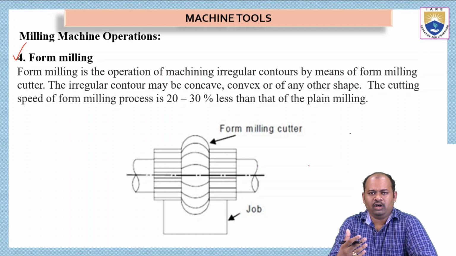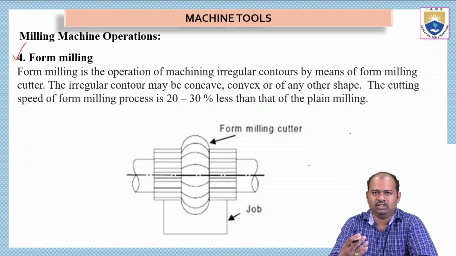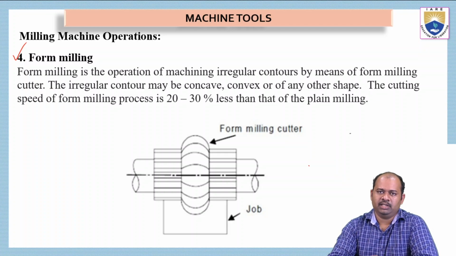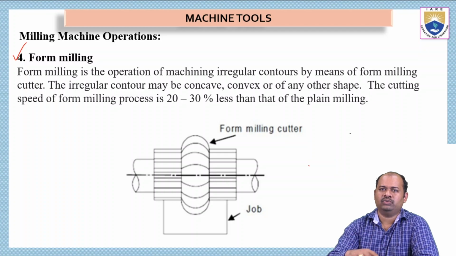So far we have used machines which make regular shapes. But if we want to get some irregular shapes, then we should go for form milling. So what's the key difference between regular types of milling and form milling? The only difference is we can get irregular contours.